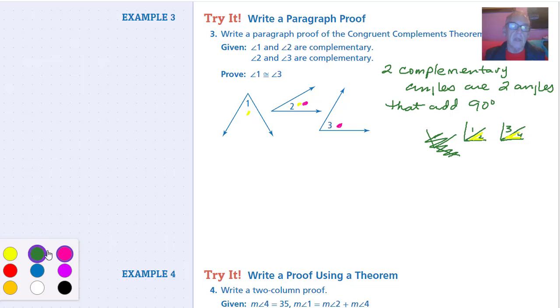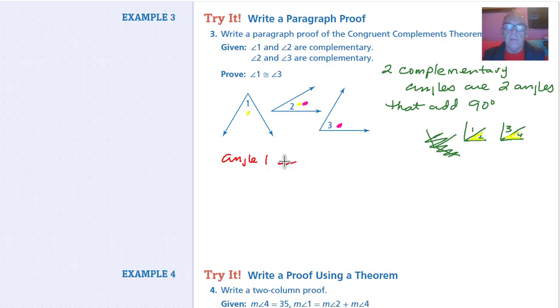So let's see if we can get that into words. So we want to use the givens. So we can say angle 1 and angle 2 are complementary.